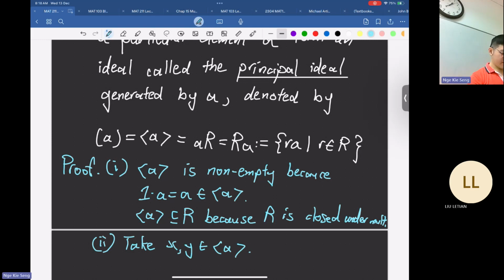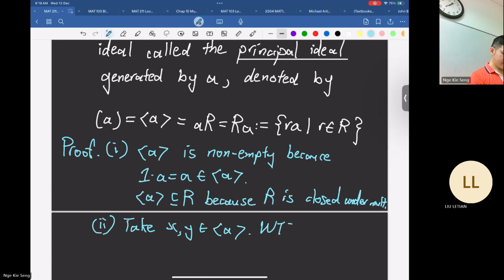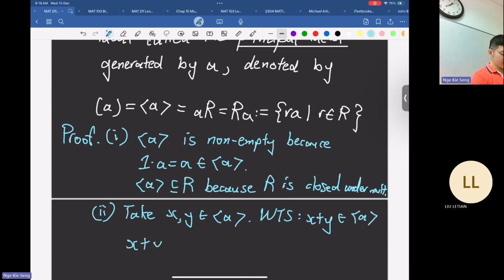We want to show that x plus y is in the ideal of a again. But what is x now? What's the form of x and y? They are multiples of a.